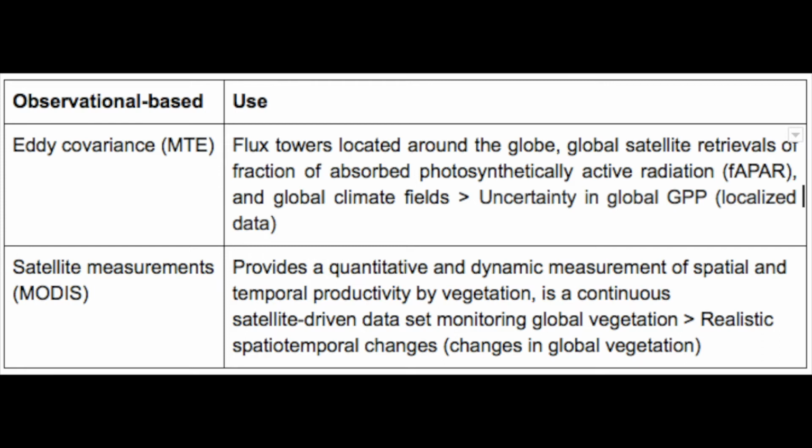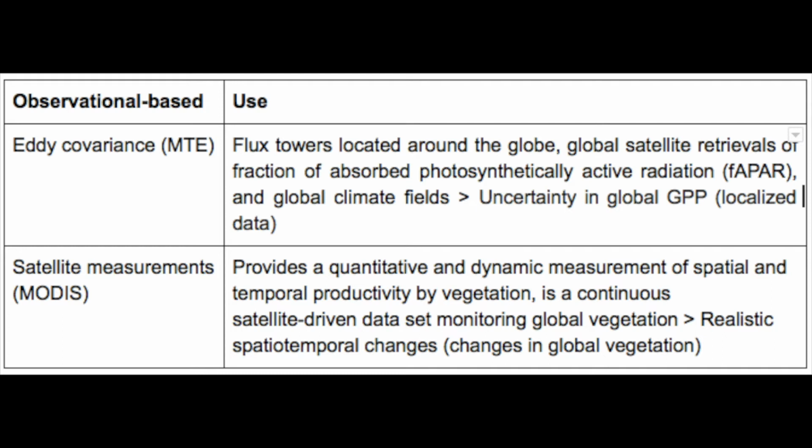The Model Tree Ensemble uses eddy covariance measurements from data collection flux towers, global satellite retrievals measuring the fraction of absorbed photosynthetically active radiation, and global climate fields to provide global gross primary productivity. Around the world, there are 600 tower stations measuring carbon dioxide exchange between ecosystems and atmosphere, from which an algorithm can be applied to achieve estimates of global gross primary productivity.